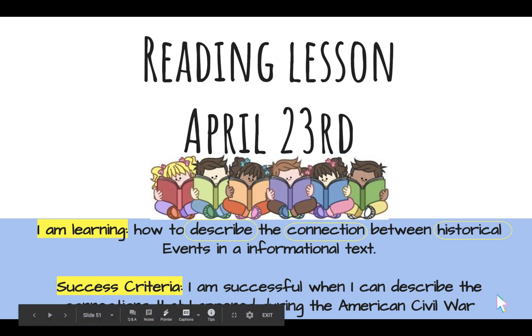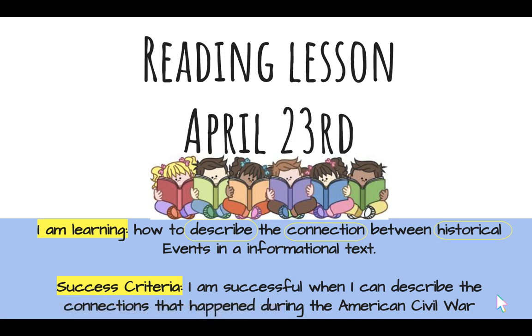Now, our success criteria for today. Remember, our success criteria simply means, if I can do this by the end of today's lesson, then I am successful. So our success criteria for today is I am successful when I can describe the connections that happened during the American Civil War. Let's read it again together.